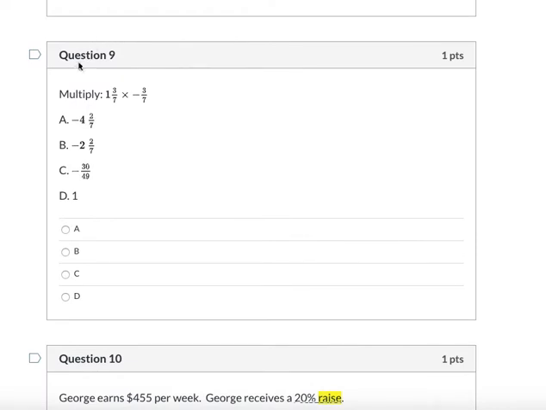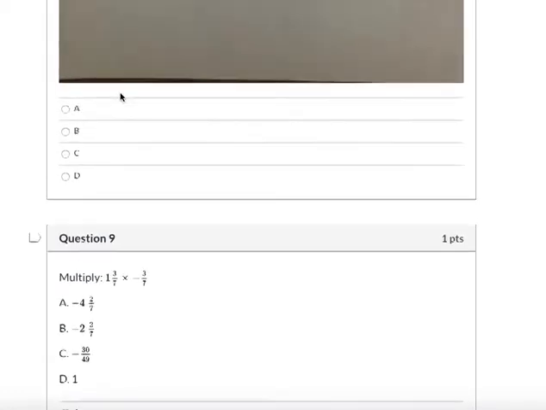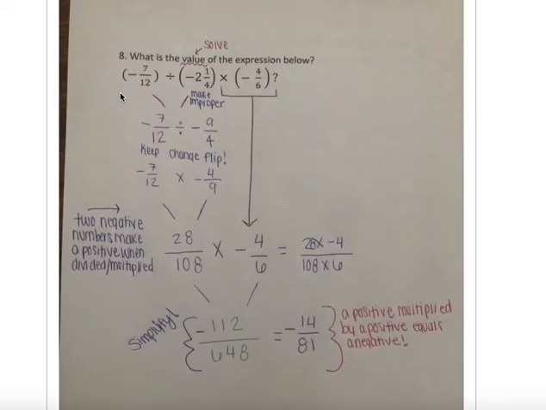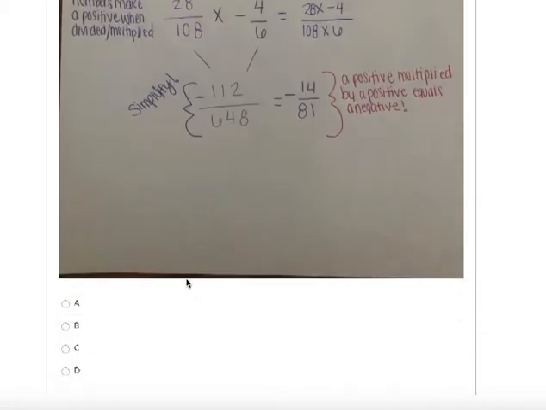Question 9. Multiply 1 3/7 times -3/7. Think about how you are going to set up this problem. Do we need to keep, change, flip if it's a multiplication sign? If you forget, you can look at the sample problem up here. Did we keep, change, flip when it's a multiplication sign?